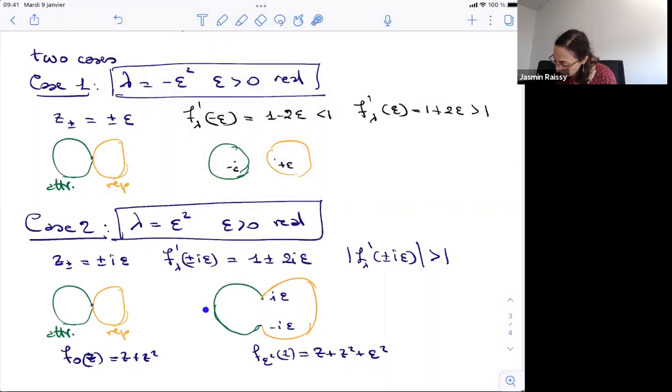But what happens in here? Well, I start iterating my map. I went inside, I iterate, and nobody can stop me in here. And moreover, what's going to happen is that I have somebody here pushing me away and somebody here pushing me away at the same rate. And so it's going to happen like being in an egg beater. So I have something pushing from one side, something pushing from the other side.